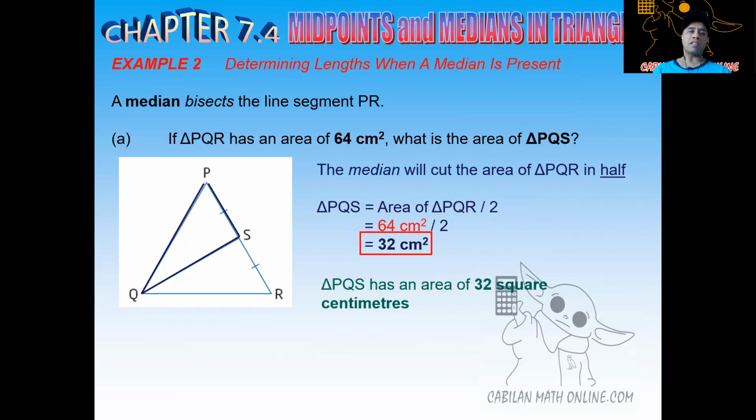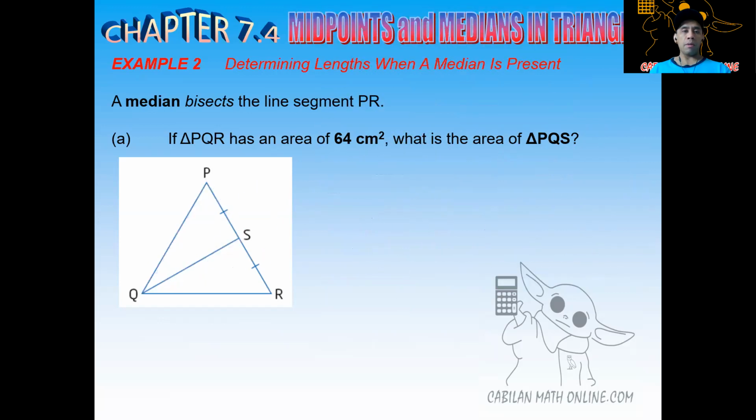All right. So as I said before, when you're dealing with medians and when it bisects a line segment, the area, depending on what information is given to you, is going to be changed by a factor of 2. You either multiply or divide. Okay, so in a similar fashion, same triangle, different information that we have here. So it tells us here that triangle QSR has an area of 12 square centimeters.